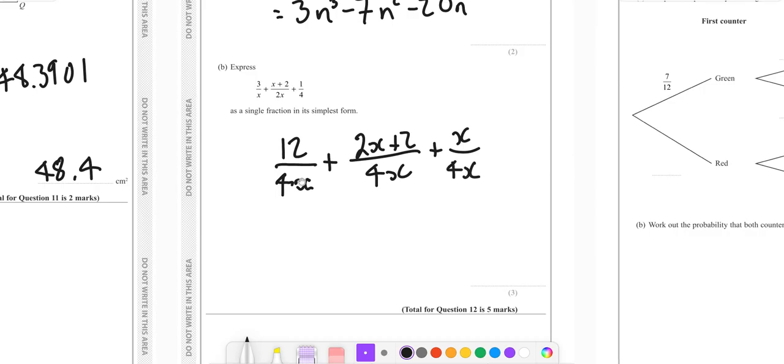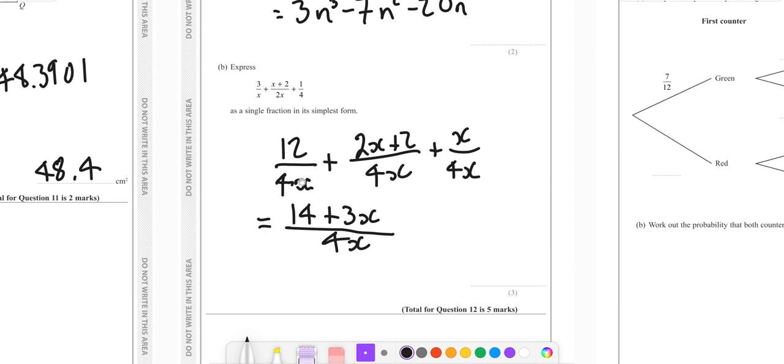Okay, hopefully you can see that's the same, and then it becomes relatively trivial to add up all the different bits. So we've got 14 plus 3x over 4x. And that is as simple as we can make it.